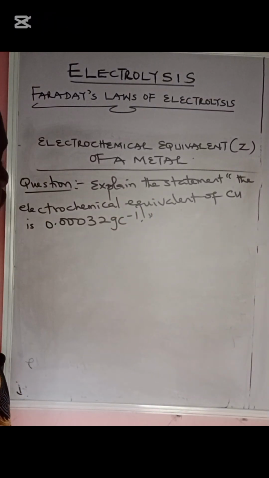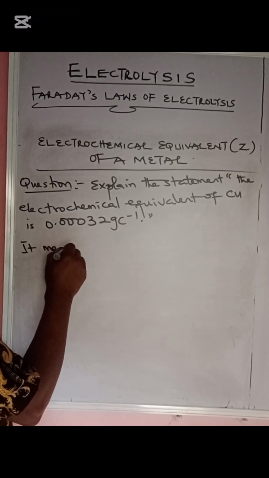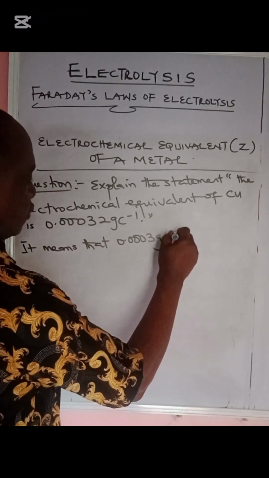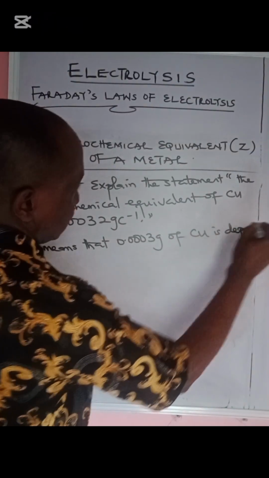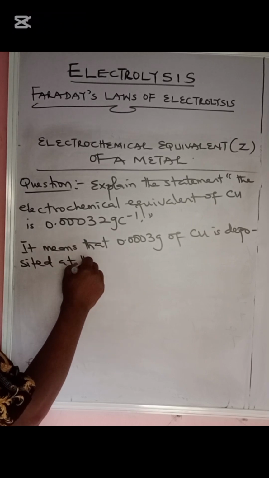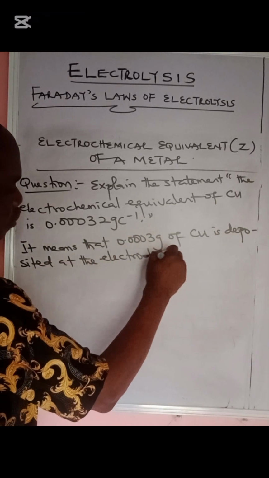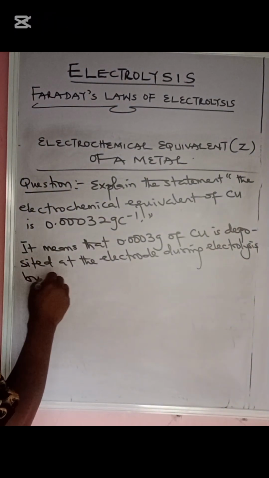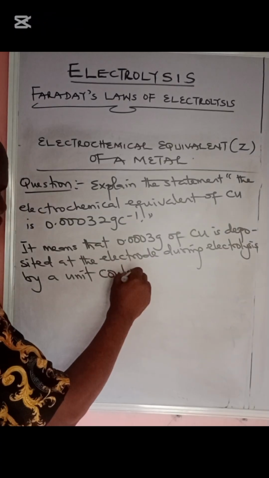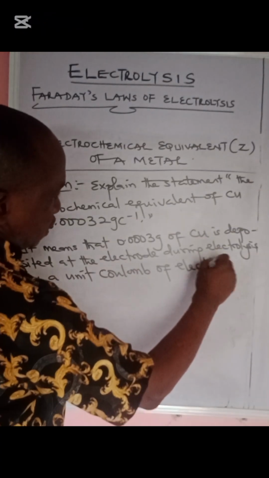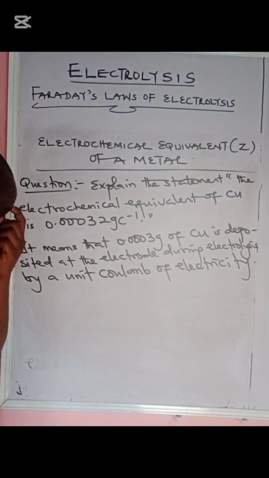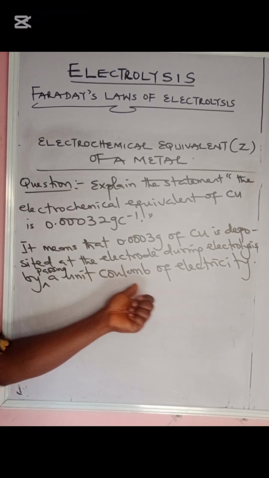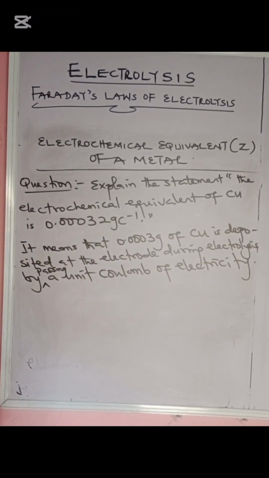Just to explain the statement, it means that 0.00032 gram of copper is deposited at the cathode or electrode during electrolysis by passing a unit coulomb of electricity. So that's the explanation.